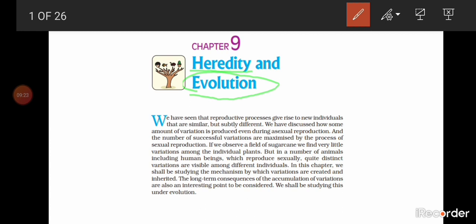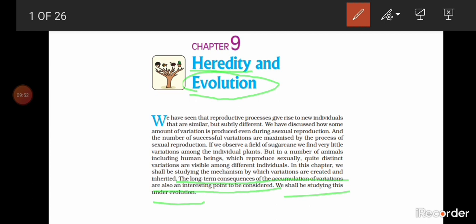Now look at the slide, from the bottom, the third line: long-term consequences of the accumulation of variations are also interesting points to be considered. We shall be studying this under evolution. So the technical terms you want to understand, I will explain in detail while taking evolution at the end of this chapter.